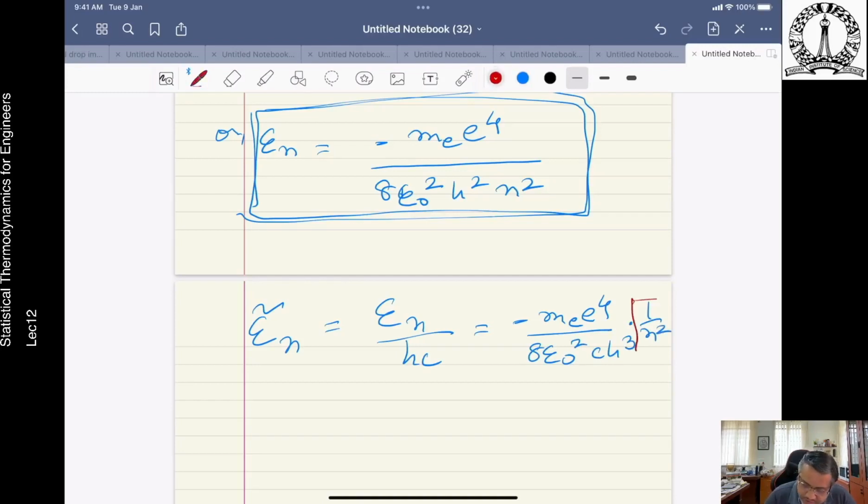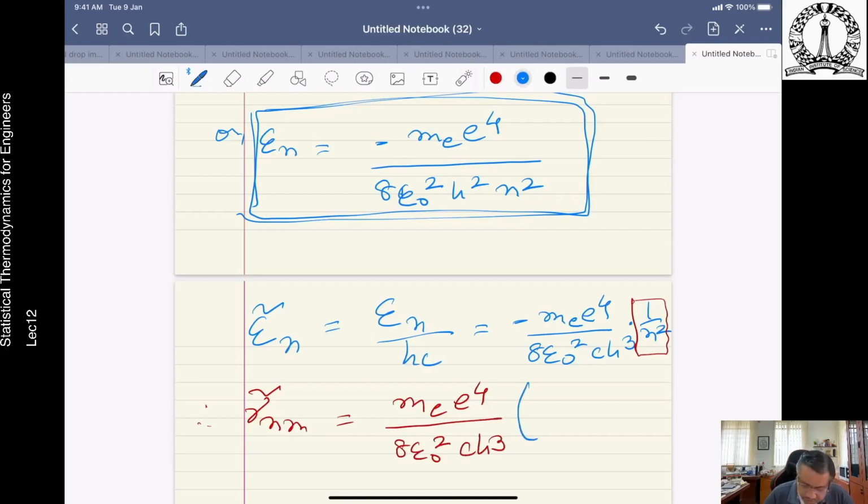This 1 over n square is very important because this is where the quantization comes. Therefore, gamma nm is given as m_e e to the power of 4 divided by 8 epsilon naught square c h cube, then 1 over n square minus 1 over m square.